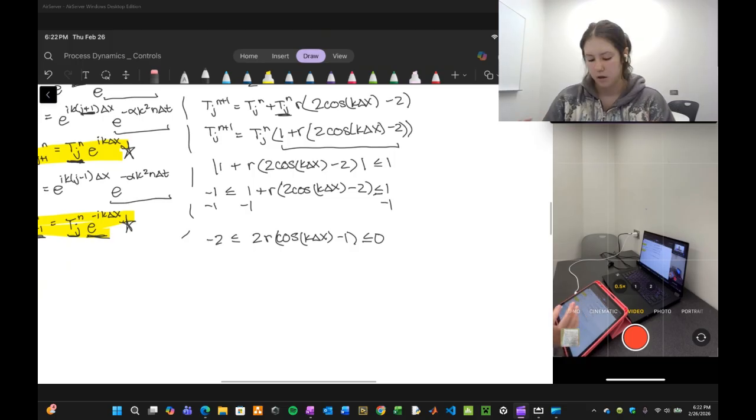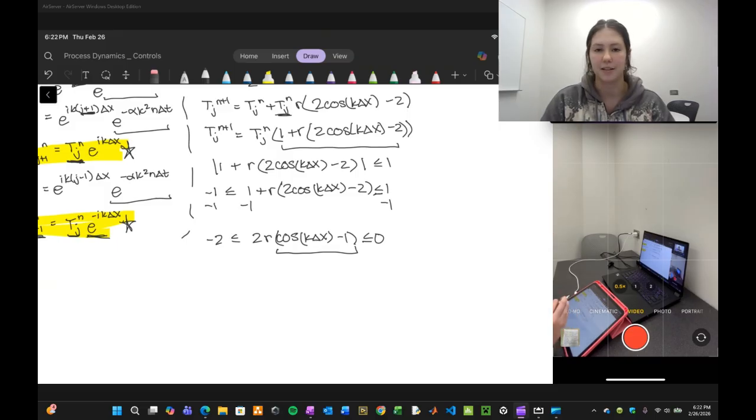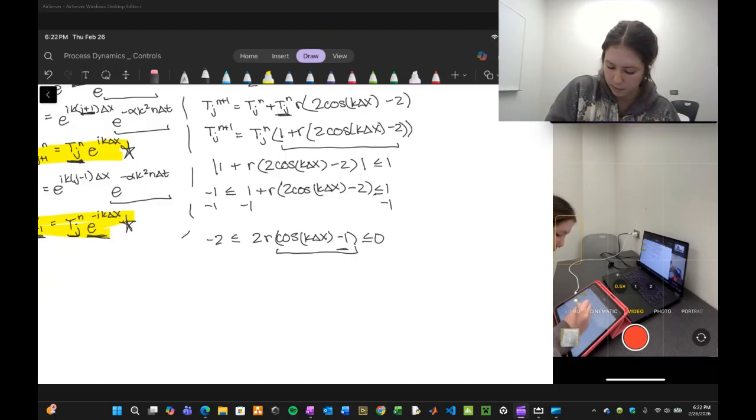And so we know about the cosine function that its maximum value is always going to be 1, and its minimum value is always going to be negative 1. So this term right here, if cosine was at its maximum value of 1, and we have a minus 1 right here, this value would go to 0. So the maximum value of this term here is 0.